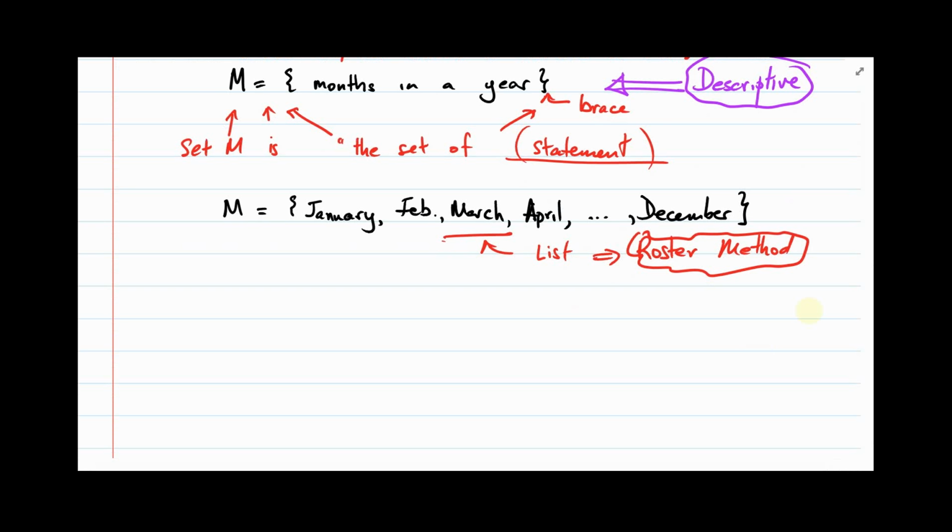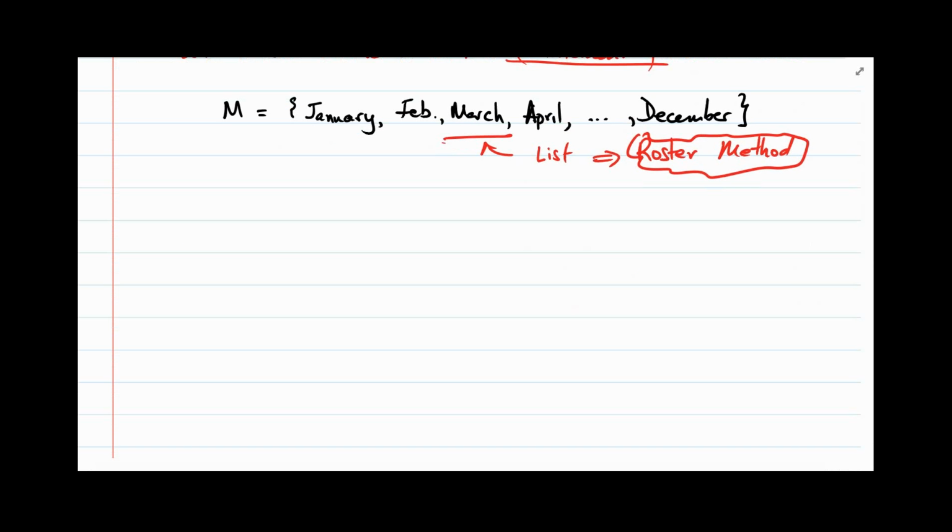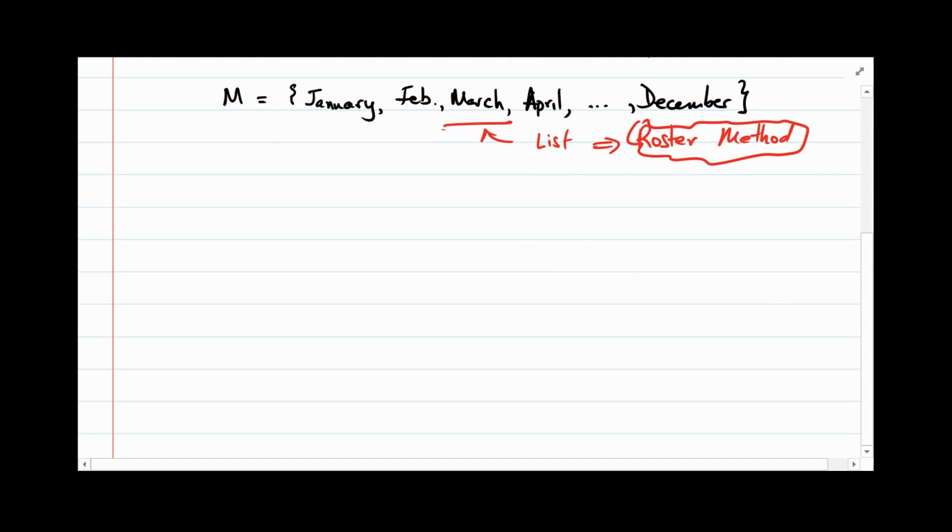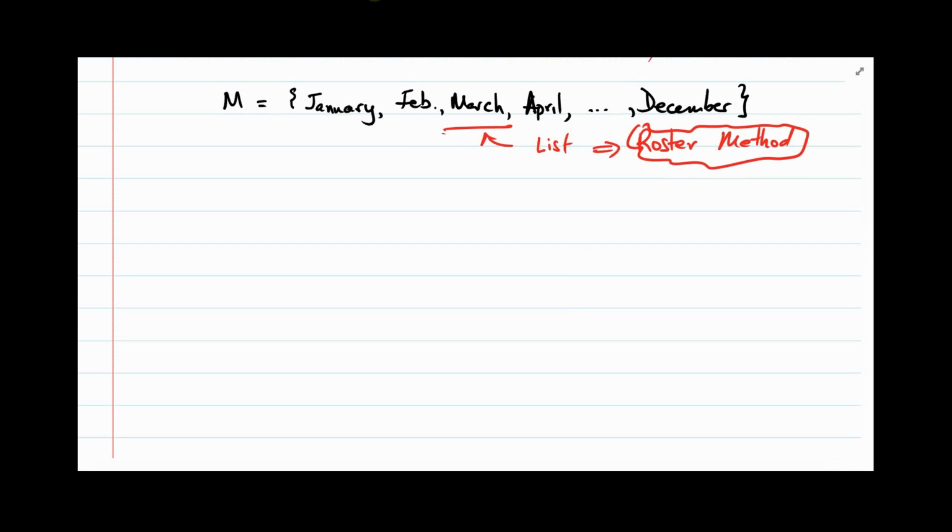All right, so let's look a bit at some of the sets that we'll be talking about. We have to know the difference between what we call a finite set versus an infinite set.